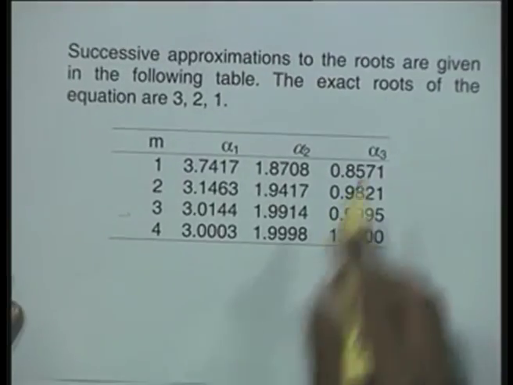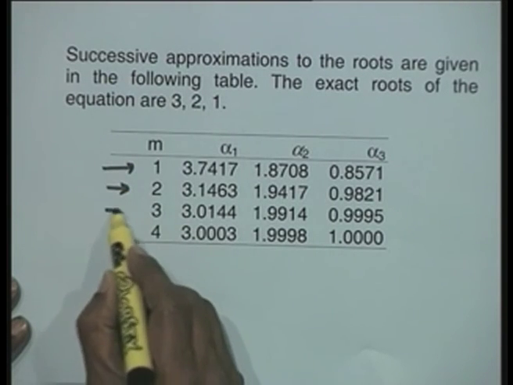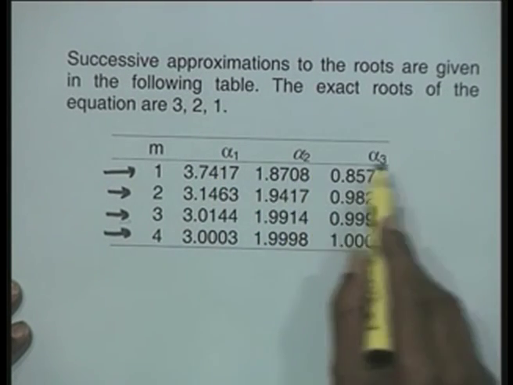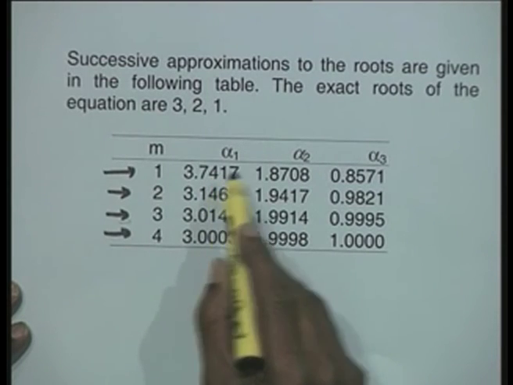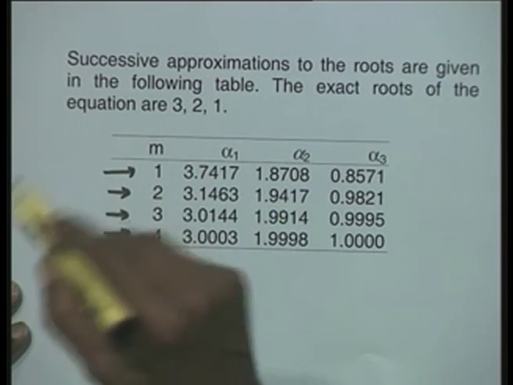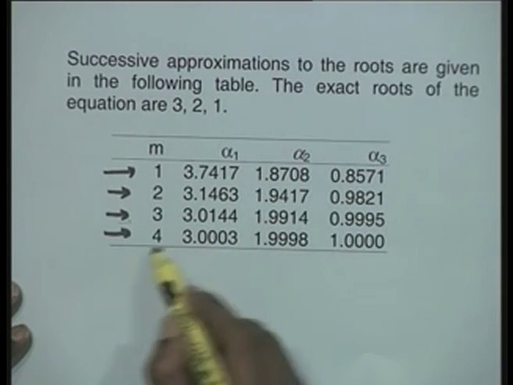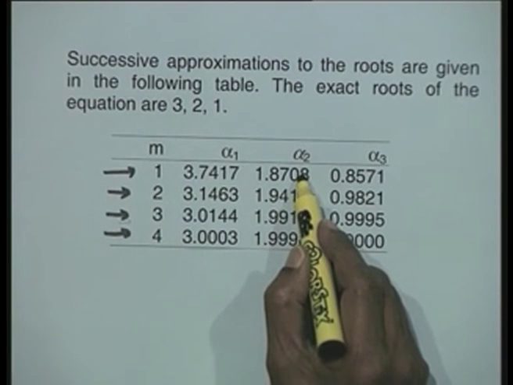The successive approximations to the roots: this is the first squaring, second squaring, third squaring, fourth squaring, and these are the roots alpha 1, alpha 2, alpha 3. As I said, this is equal to B1 by B0, this is B2 by B1, divided by 16, and this is B3 by B2 divided by 16 in the last case. In the first squaring we are dividing by 2 to the power of 1, that is 2.